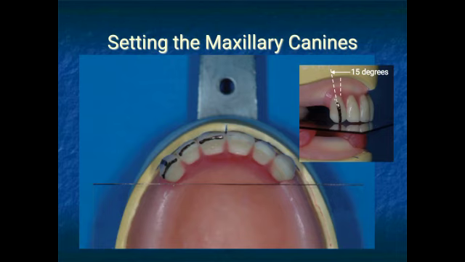See here, setting of maxillary canines, central incisors. Canine should be slightly tilted, 15 degrees. Cervical prominence.